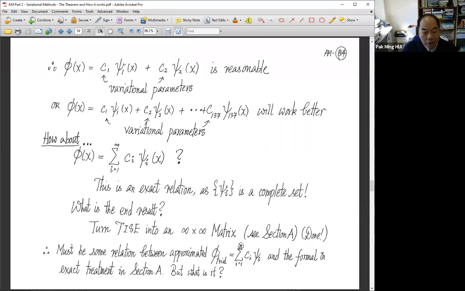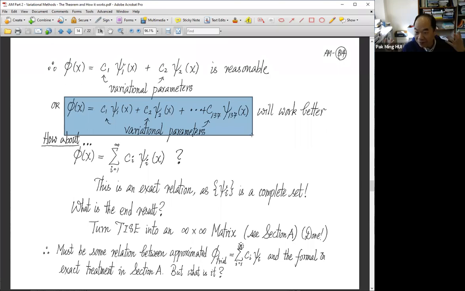Therefore, we have motivated, again, this kind of trial wave function form, okay? If you are more ambitious, you can use more than 100 functions, sometimes we call them basis functions, that you want to decorate with coefficients in your trial wave function.